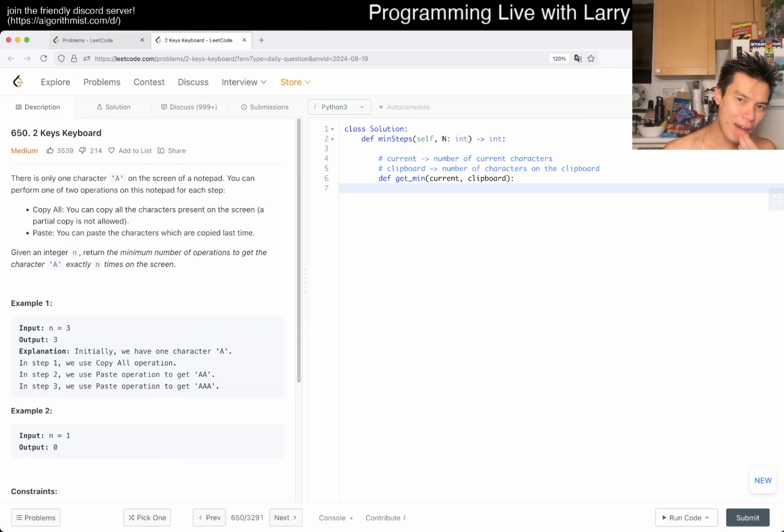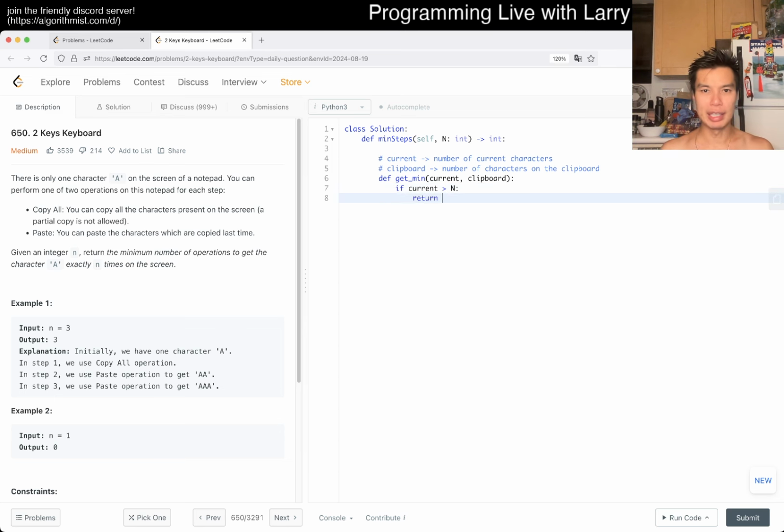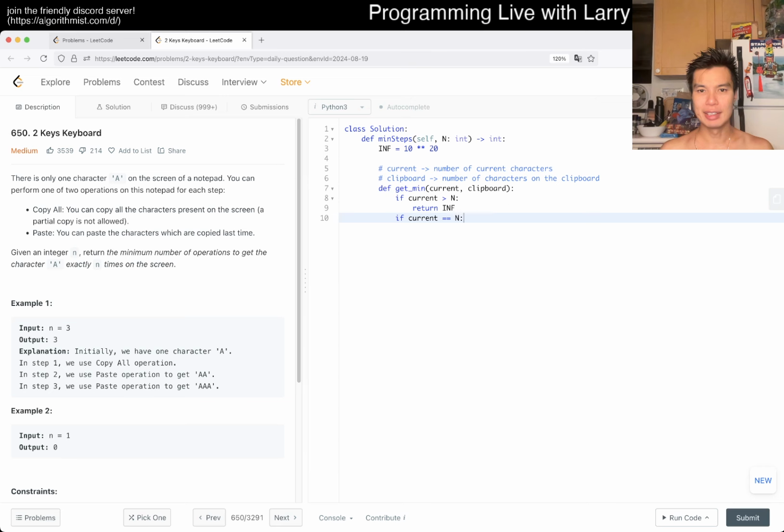If current is greater than n, then we return infinity, because that means that we overshot for some reason, just in case. If current is equal to n, then we return 0 because we're done, and we don't care about clipboard. Otherwise we can do 2 moves.